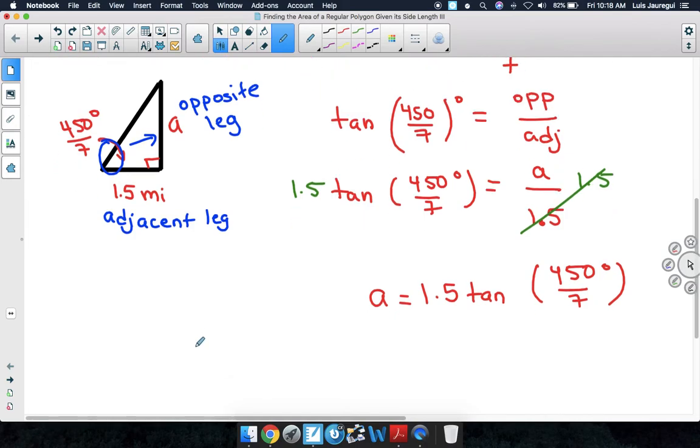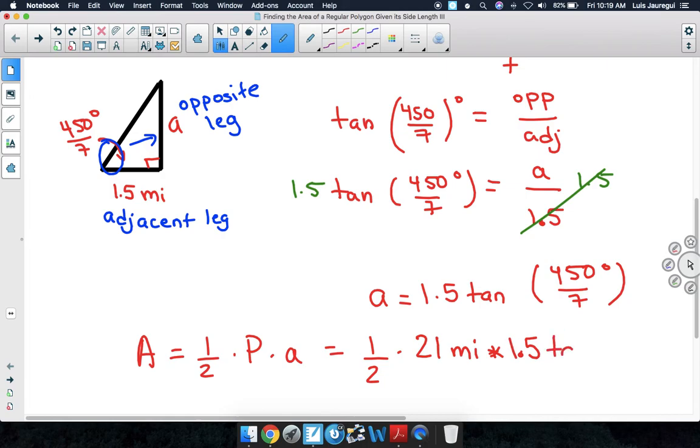So we can say the area is equal to 1/2 times the perimeter times the apothem. In this case, we have 1/2 times the perimeter, which we found to be 21 miles, times the apothem, which we found to be 1.5 times the tangent of 450 over 7 degrees. Let me put an asterisk here to indicate multiplication.